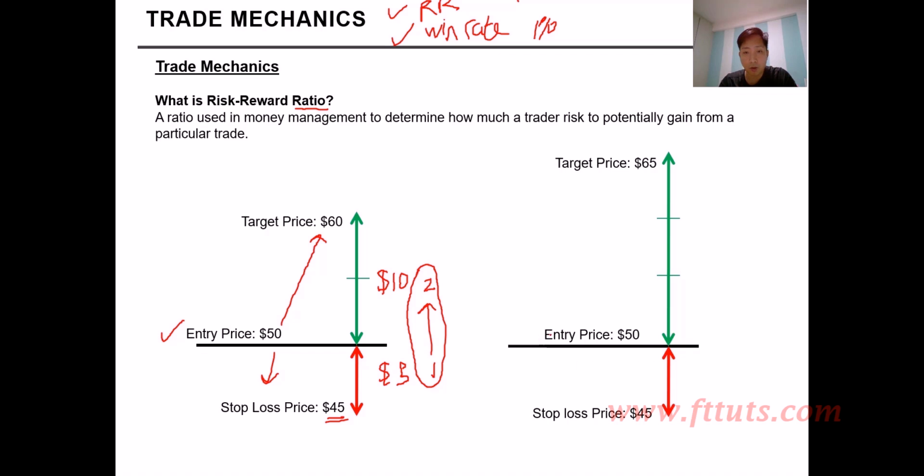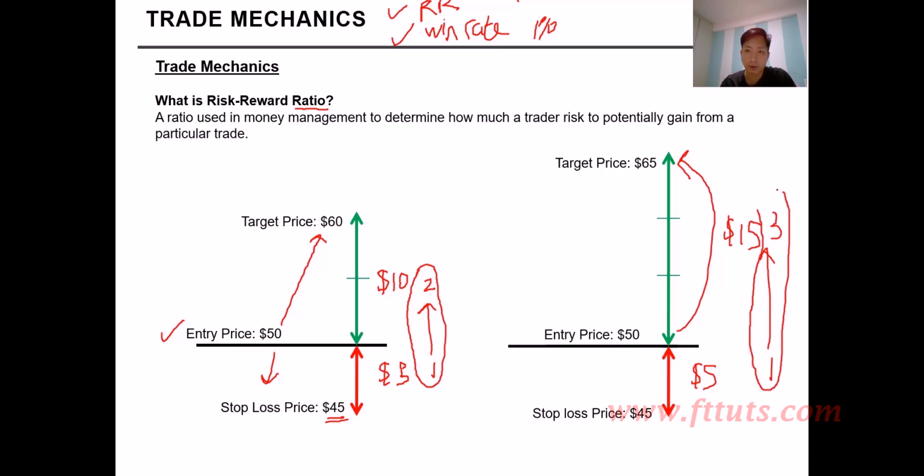So over here, let's say you're long at $50, same thing, your stop loss at $45, you're risking $5. If you take profit at $65, it means that your reward is $15. So this gives you a risk reward of 1:3. Understand? Not so much the dollar value. Most importantly, the learning concept here is to understand the ratio.